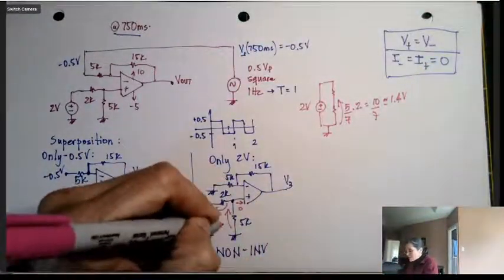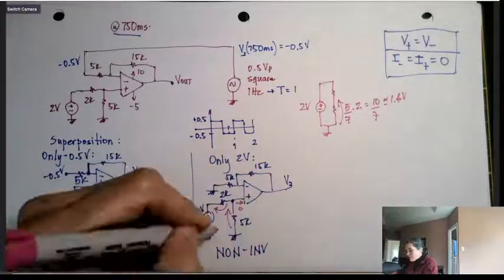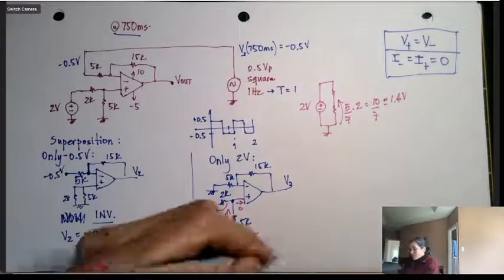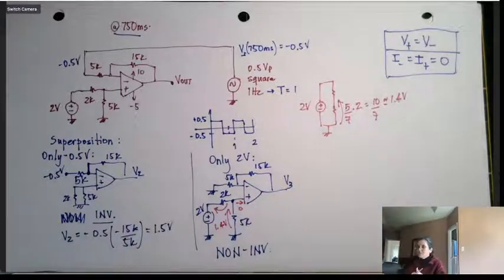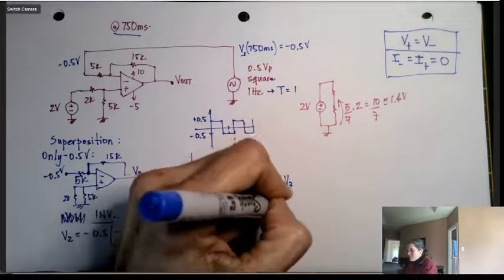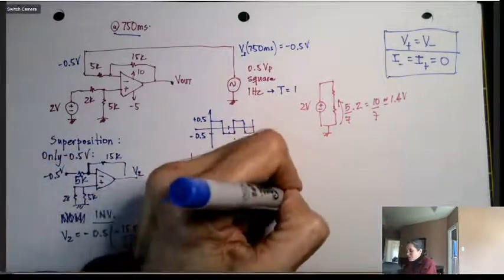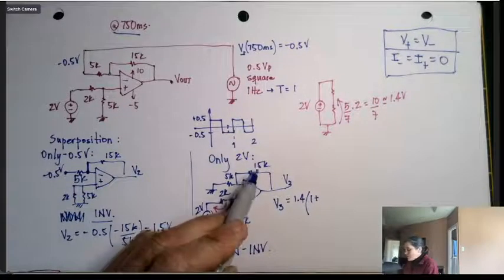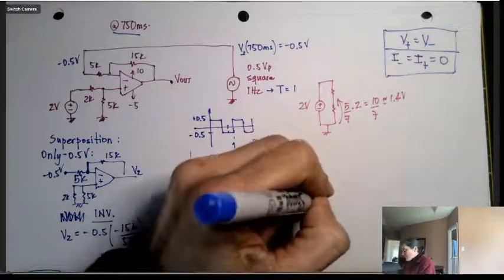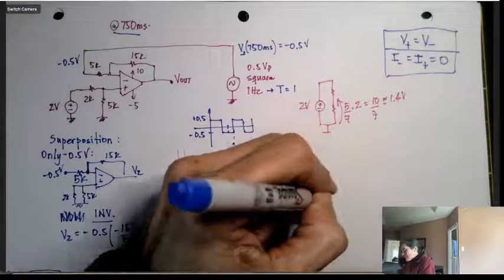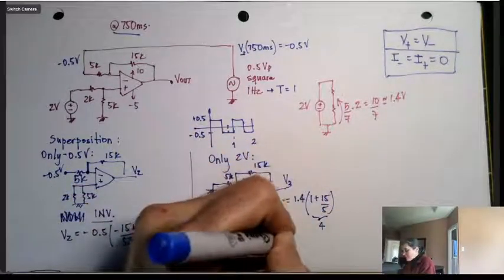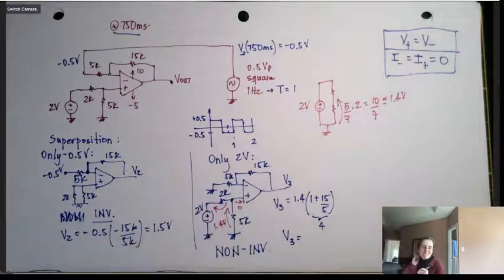So really the input here is 1.4 volts. But as a non-inverting amplifier, V3 will be this 1.4 volts times 1 plus the ratio of 15K over 5K, which is 3. So this is 4. So V3 will be 4 times 1.4.